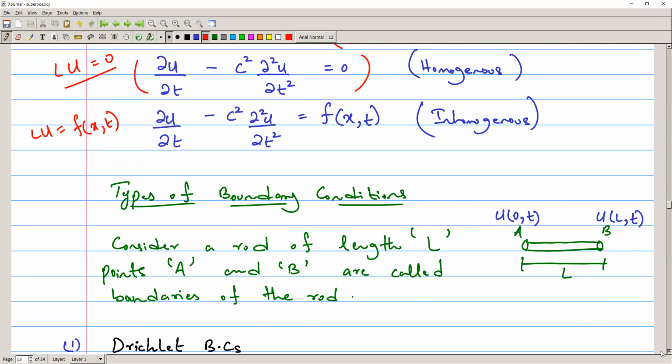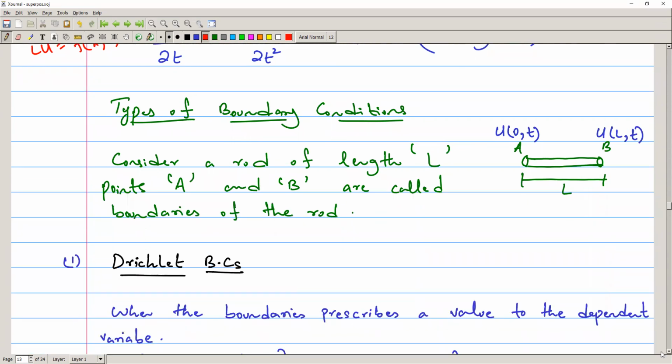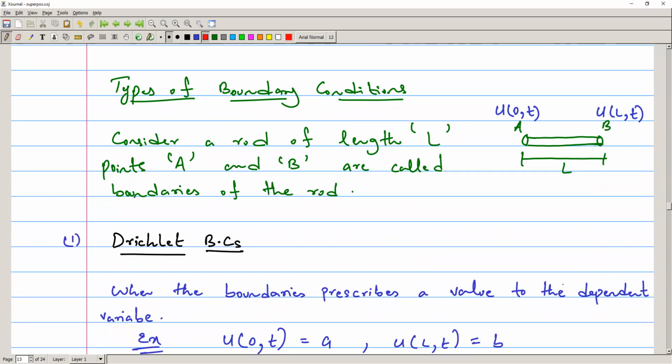Now we'll talk about some types of boundary conditions, because when we need to find the particular solution of any partial differential equation or any differential equation, we need some boundary conditions and some initial conditions. So let's talk about some types of boundary conditions.